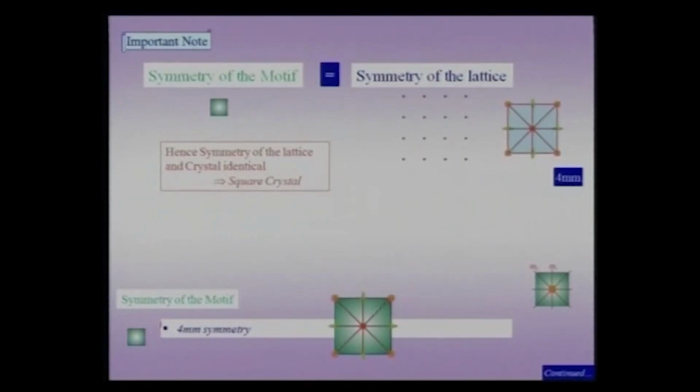In other words, I put my orientation in such a way that the mirror planes of the motif, for instance a vertical mirror and a diagonal mirror, coincide with the vertical mirror and the diagonal mirror of the lattice. In such a process, I see that no symmetry has been lost, and I would get a square crystal, and it would have a symmetry 4mm.